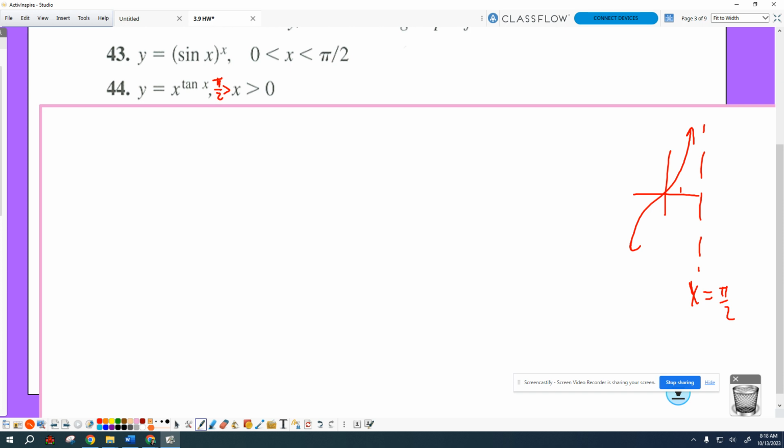Derivative of tangent. Nick, what's the first step? You can take natural log of both sides. See.